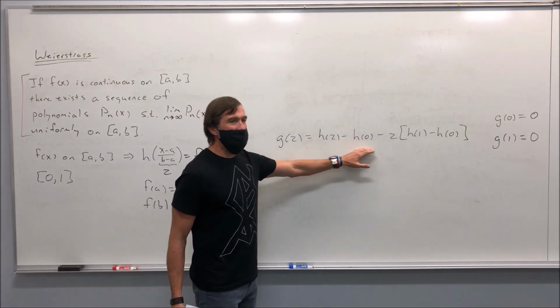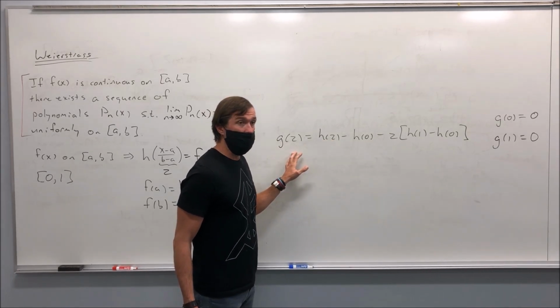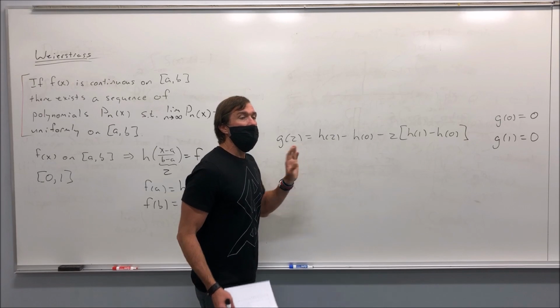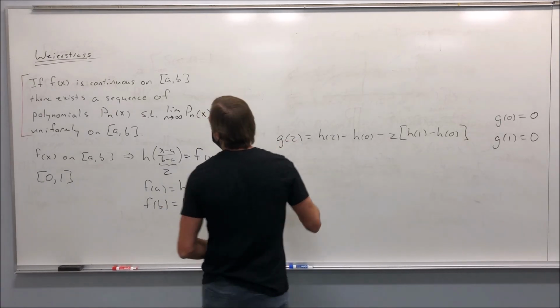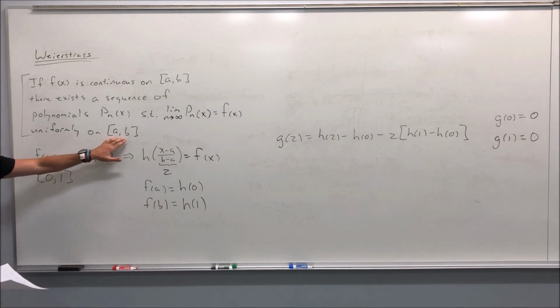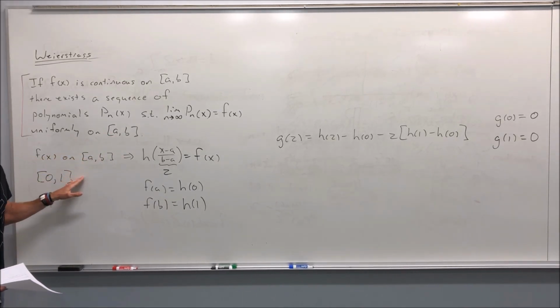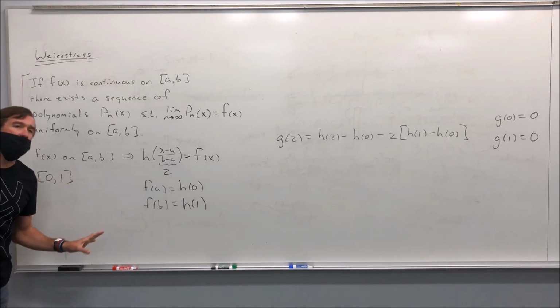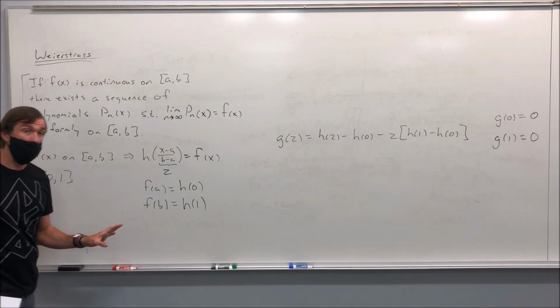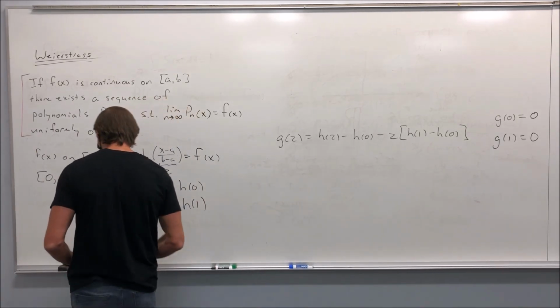And if h is a polynomial in z, so too will g of z. So the bottom line is we can consider g of z on the interval from 0 to 1, where g of z vanishes at the endpoints, with no loss of generality. That's what I'm going to use. It's going to make a lot of the arguments more clean.